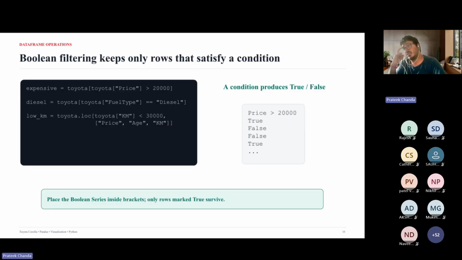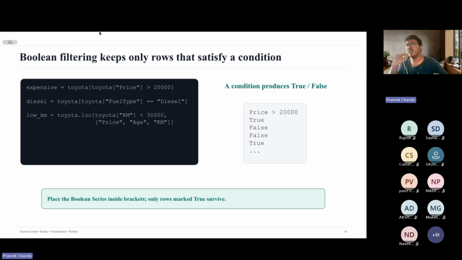The other thing is Boolean filtering. Given a Boolean condition, let's say I want to retrieve the part of the data frame where the column price is above, let's say, 20,000.